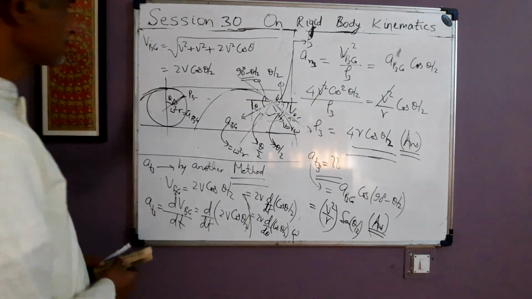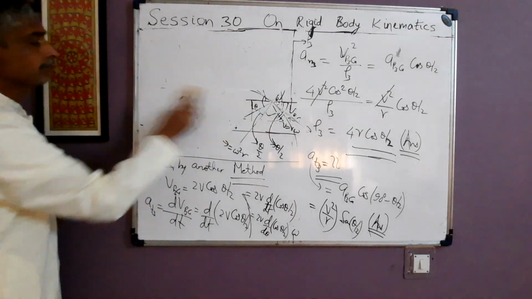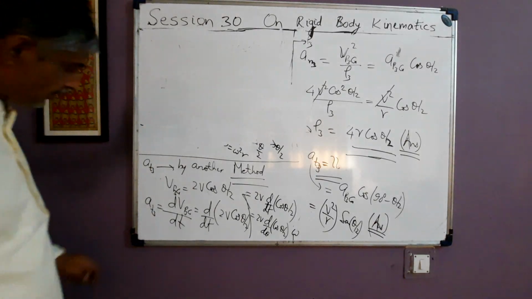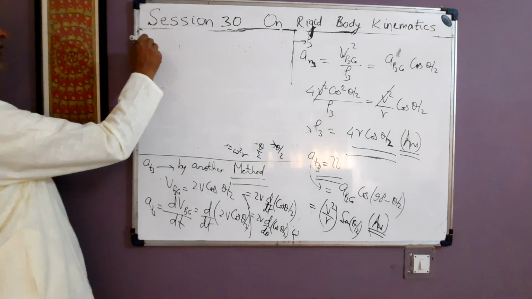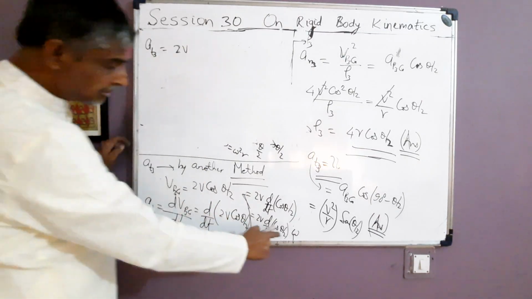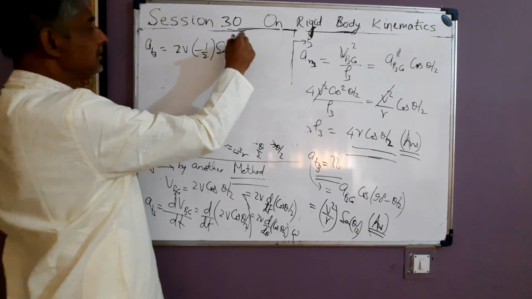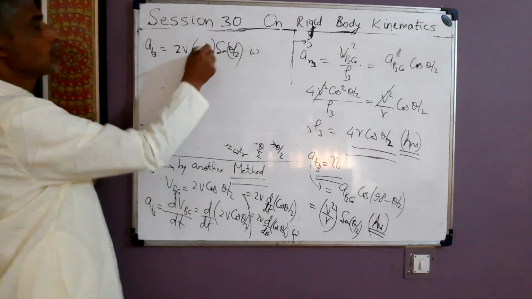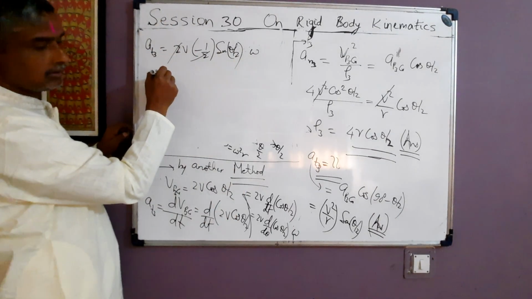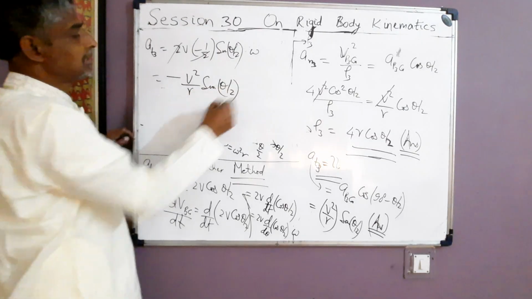So AT3 becomes 2v d by d theta of cos theta by 2, which is minus 1 by 2 sin theta by 2, into omega. 2 cancels out. Omega becomes v by r from the pure rolling criteria. So minus v square by r sin theta by 2.